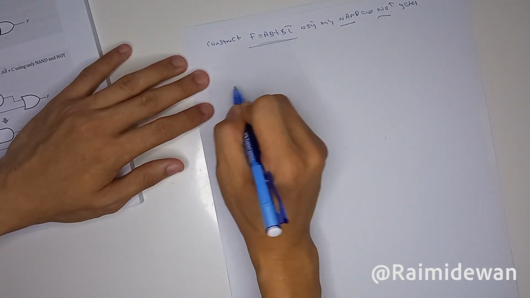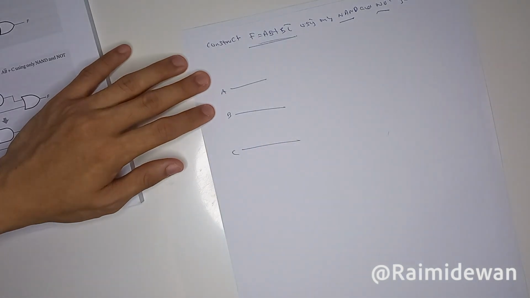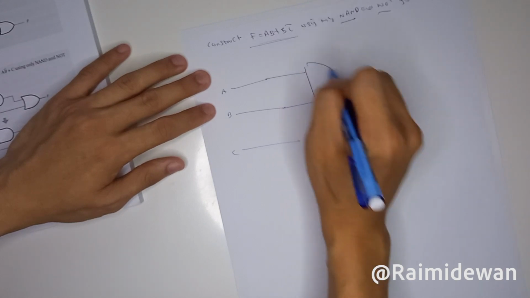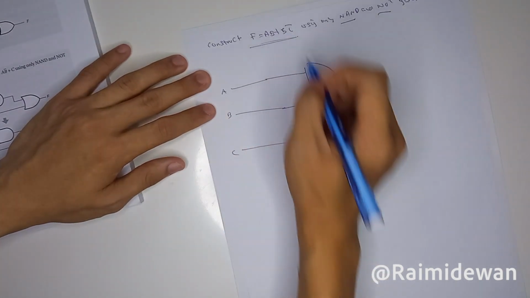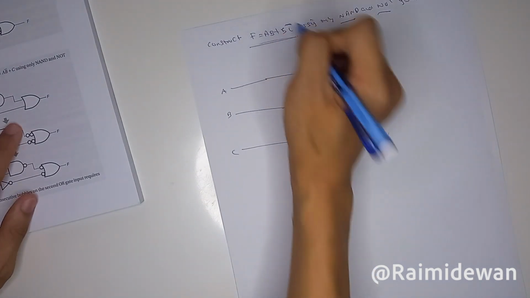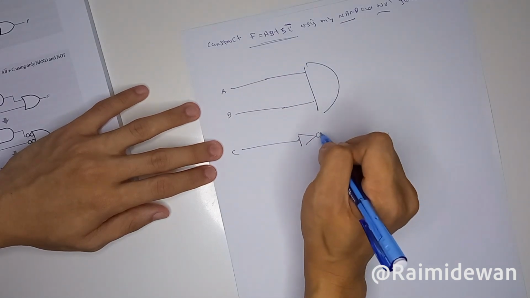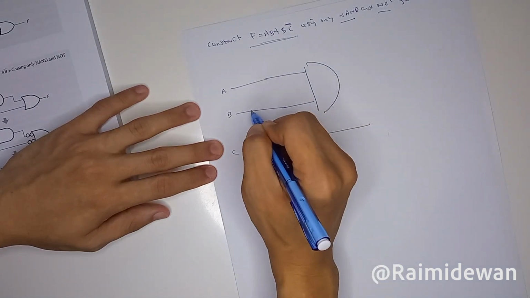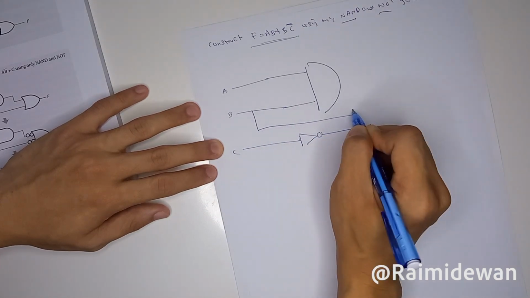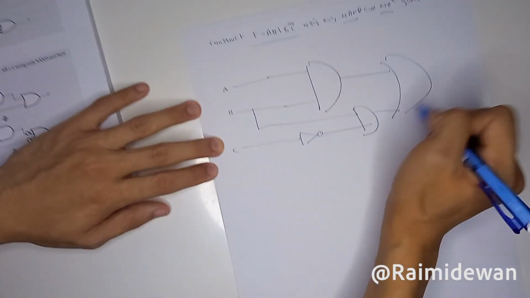First, you need the three variables A, B, C. Then you have AB passing through the AND, and then you have B and C bar, because it's bar. And this goes to the OR function.